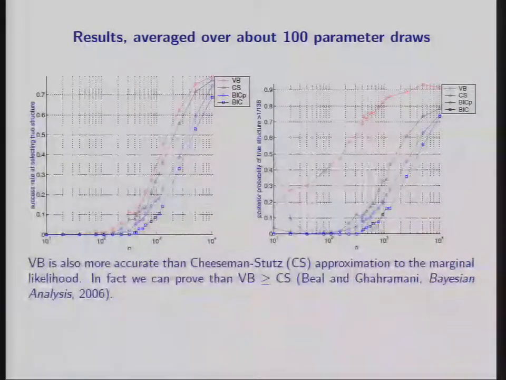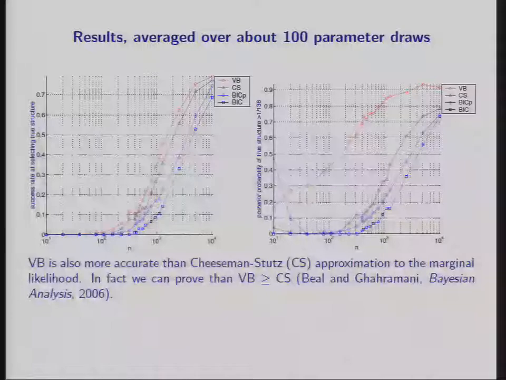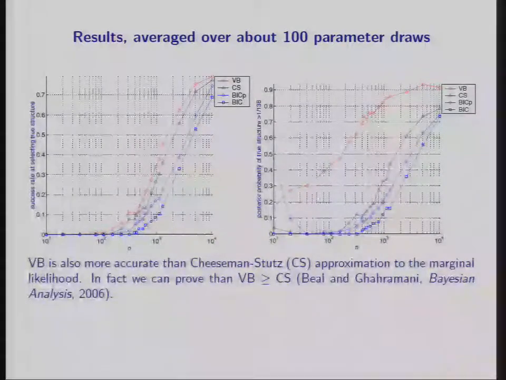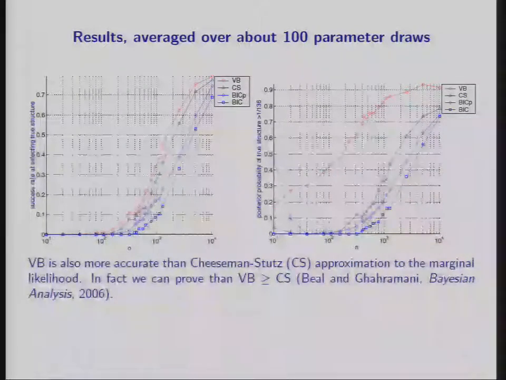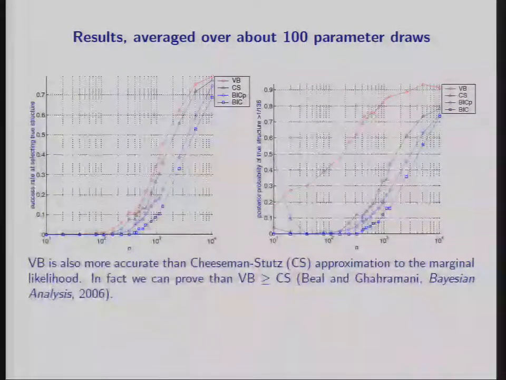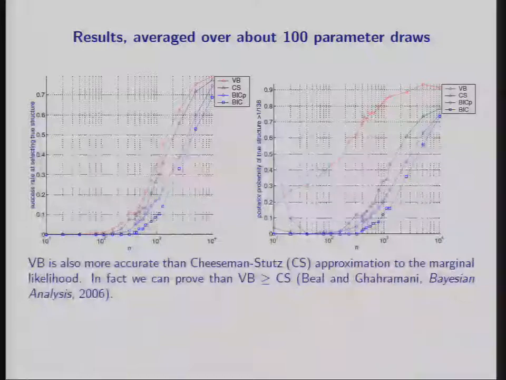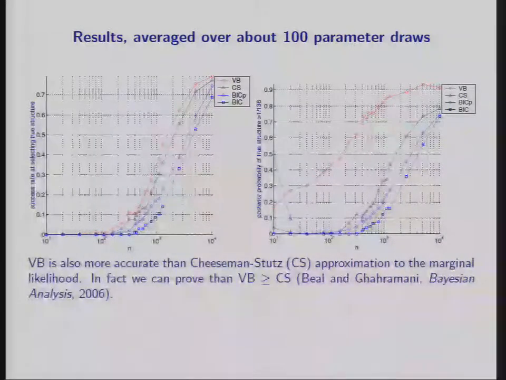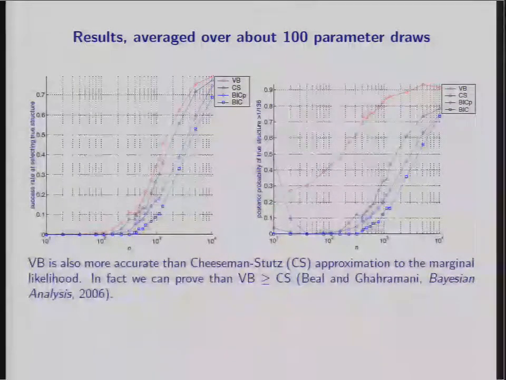Matt Beal and I just happen to be interested in score-based methods. So we essentially evaluated, forgetting about the search algorithm, we enumerate all the structures and we say, which is the better score? Are these scores uniformly better than other ones? We were able to prove that the variational Bayesian score is always going to be better than Cheeseman-Stutz.